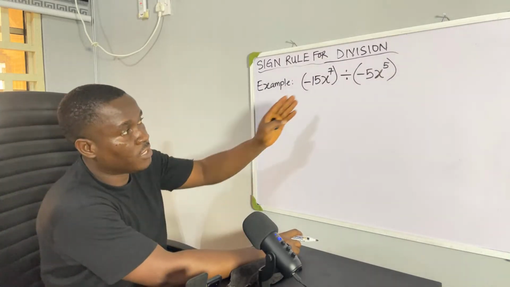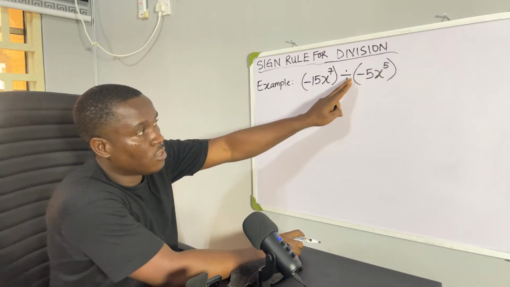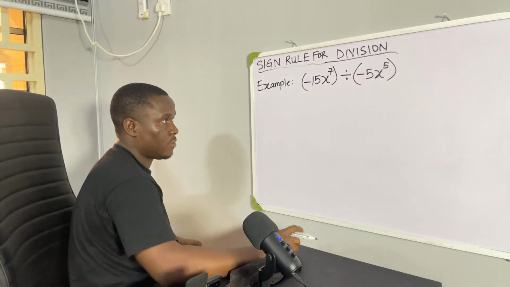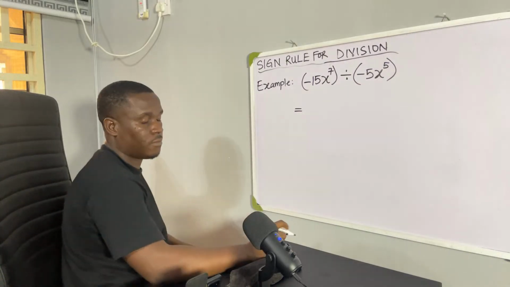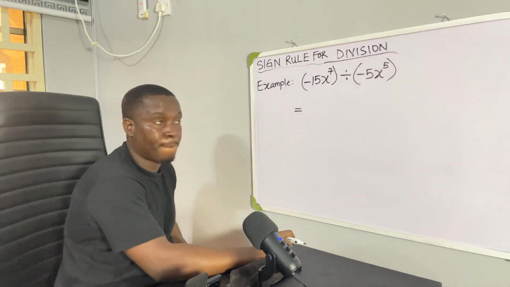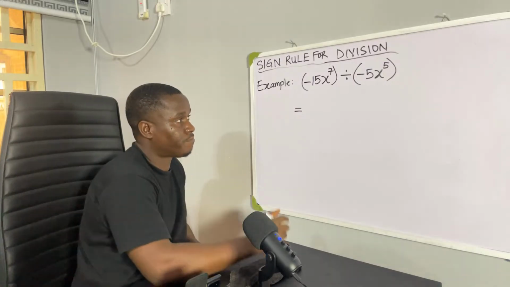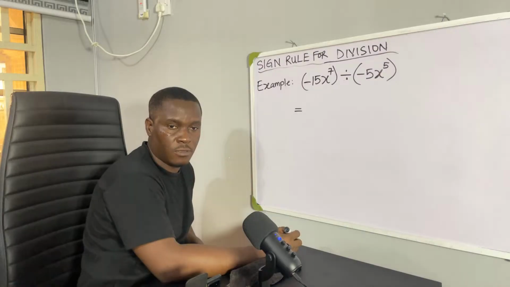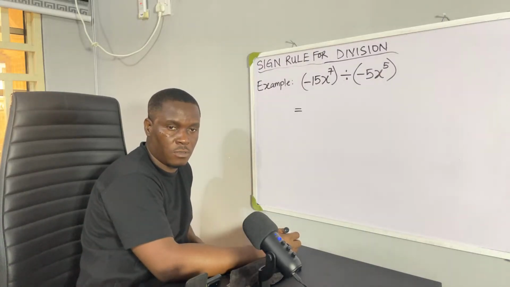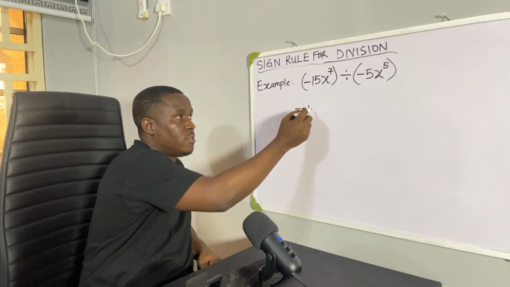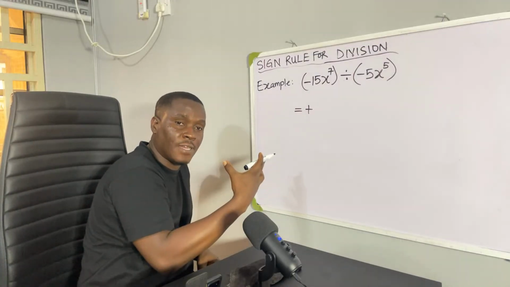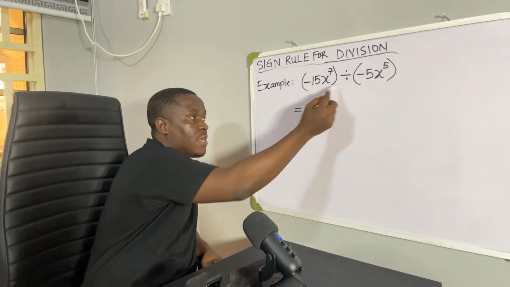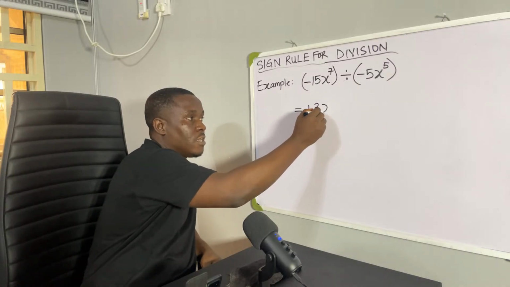The reason I'm putting them in parentheses is so you don't get these two signs confused. Negative divided by negative, what do we have? Positive. So we have first of all divided the signs. Then we go to the coefficients. 15 divided by 5 is 3. X.